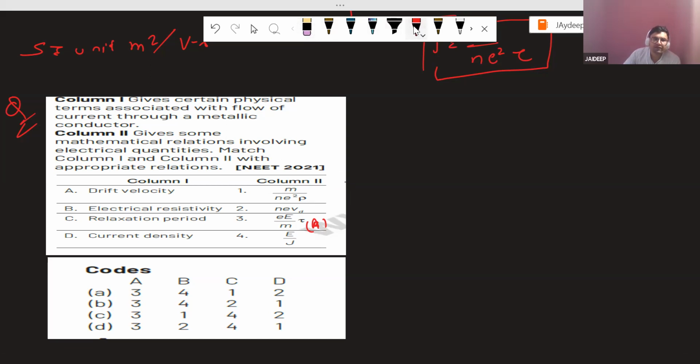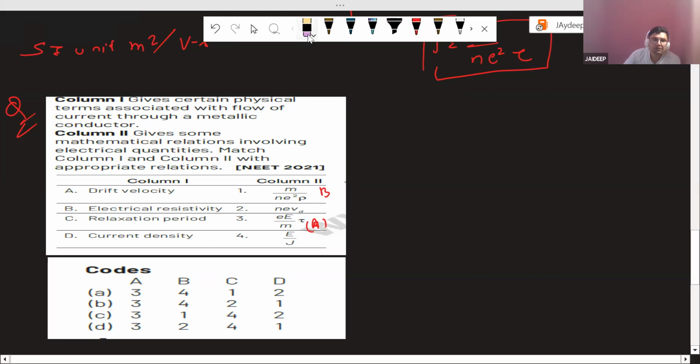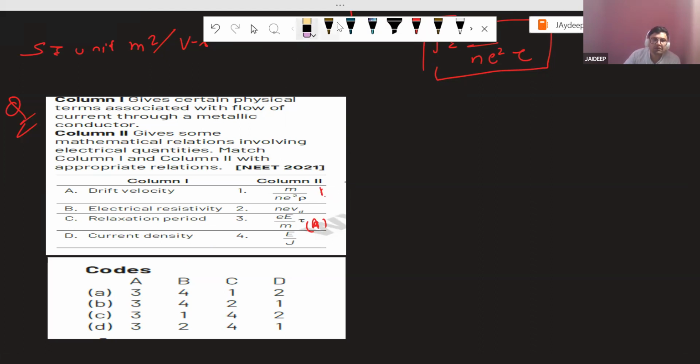So A is 3 and B is obviously this. This is C, and this is B. And I equals nAe... this is current density. So A is the answer. This is a formula based question.